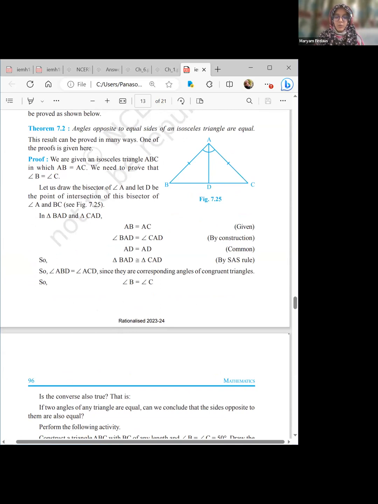Now we are going to make some changes to this figure. We are going to write construction. We're going to construct something in this.